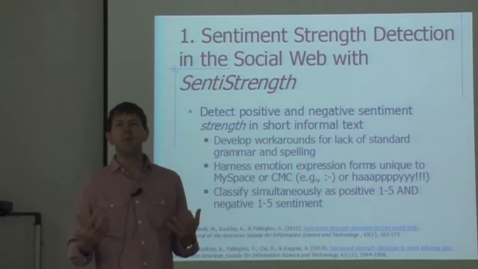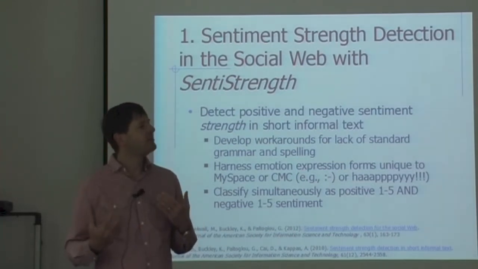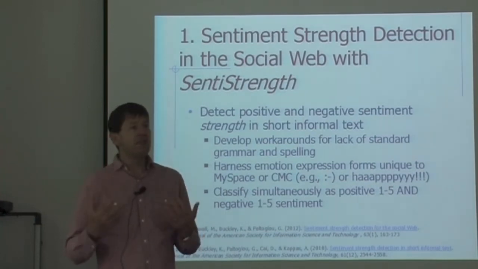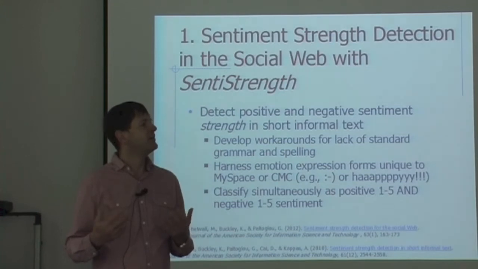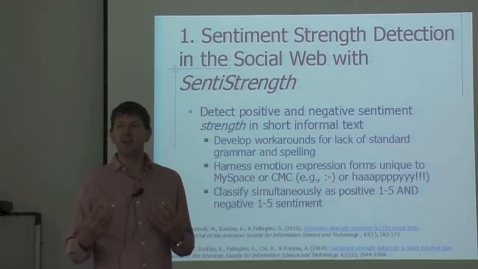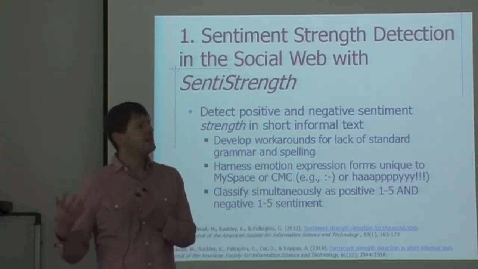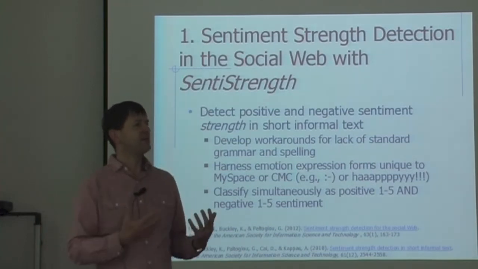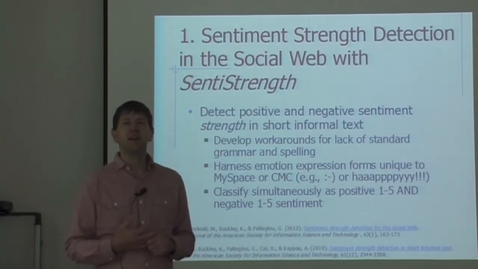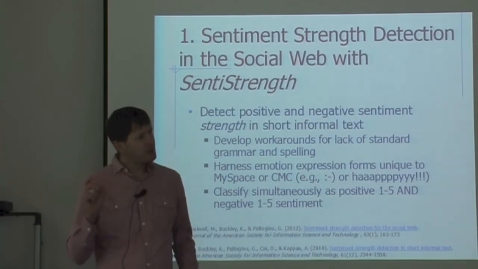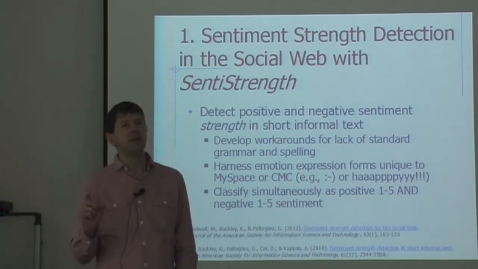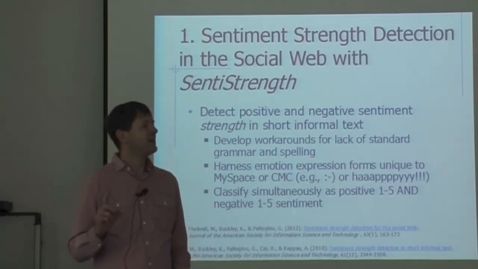And in the social web, people sometimes express positivity and negativity at the same time, even sometimes with the same words. So there are some short phrases in English that mean positive things and negative things at the same time. In fact, there's a two-word phrase in English that's very common in the social web that is mildly positive and mildly negative at the same time.